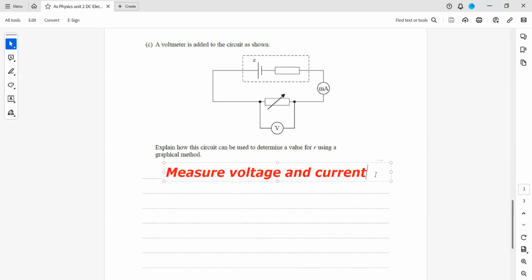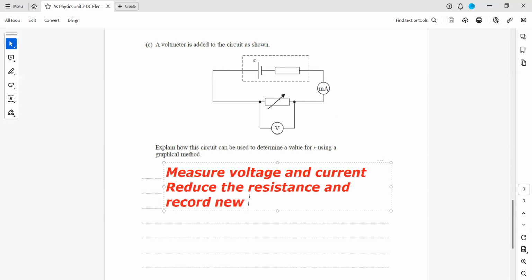Then what we will do, we will gradually reduce the resistance and record the new voltage and current. So we reduce the resistance and record the new voltage and current, and then we'll plot a graph.